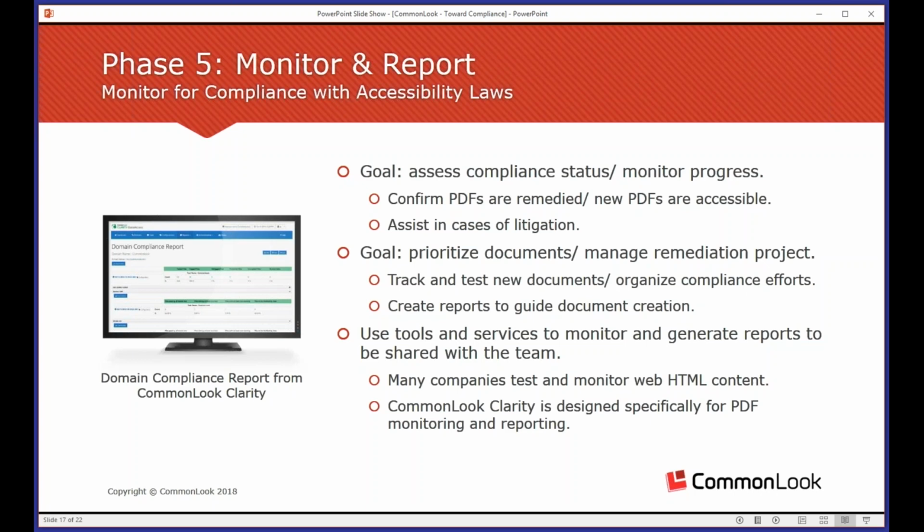If you're going to outsource this part, make sure you choose a vendor and/or products that will really test and monitor things accurately.